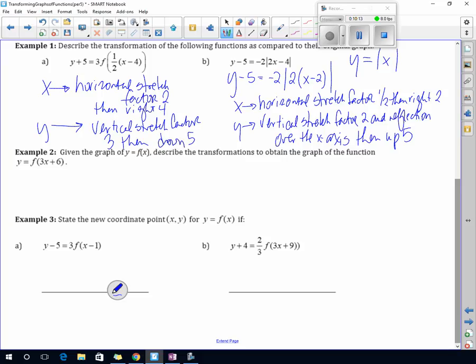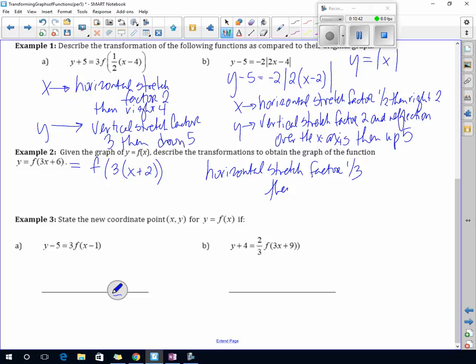Now we can actually look at it and see what happens. Who can tell me what happened now? Horizontal stretch factor a third. Good. Then left 2. Very good. We're getting this now.